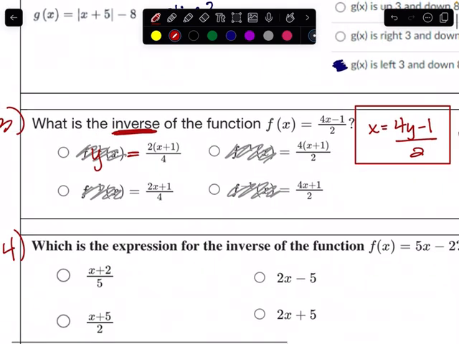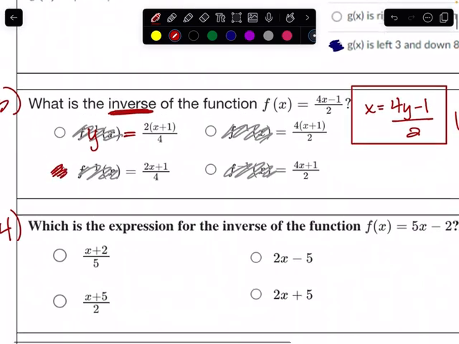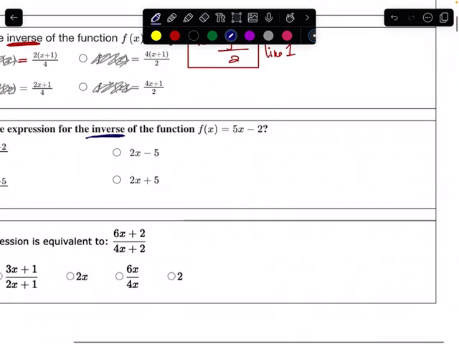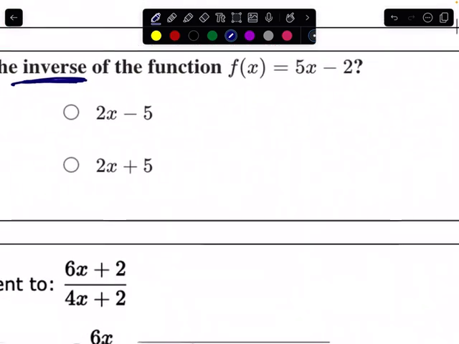Okay, number 4 looks exactly the same, except I want you to notice it does not ask the word, actually it does ask the word inverse. We're going to do it again. Okay, so inverse, switch X and Y. So instead of starting with Y equals, we're starting with X equals. Instead of 5X, we're saying 5Y. All right, after this last one, you should know what to do.